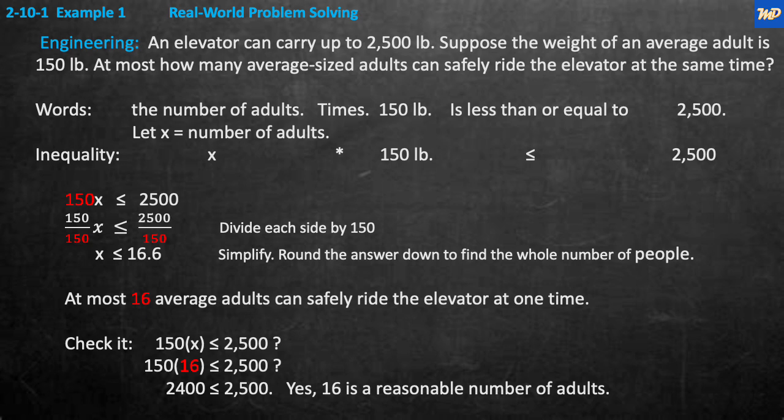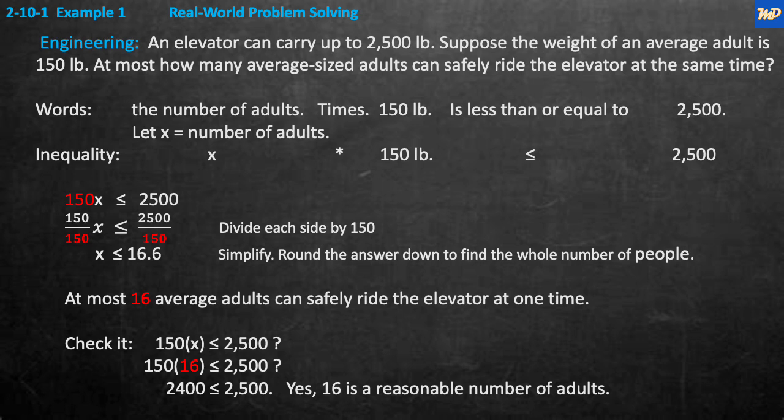2,500. We're going to let X equal the number of adults, and the inequality we draw from this is that X number of adults times 150 pounds is less than or equal to 2,500 pounds, because the elevator can carry up to 2,500 pounds.